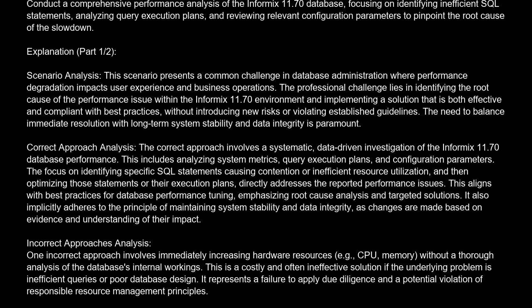Incorrect approaches analysis. One incorrect approach involves immediately increasing hardware resources, e.g., CPU, memory, without a thorough analysis of the database's internal workings. This is a costly and often ineffective solution if the underlying problem is inefficient queries or poor database design. It represents a failure to apply due diligence and a potential violation of responsible resource management principles.